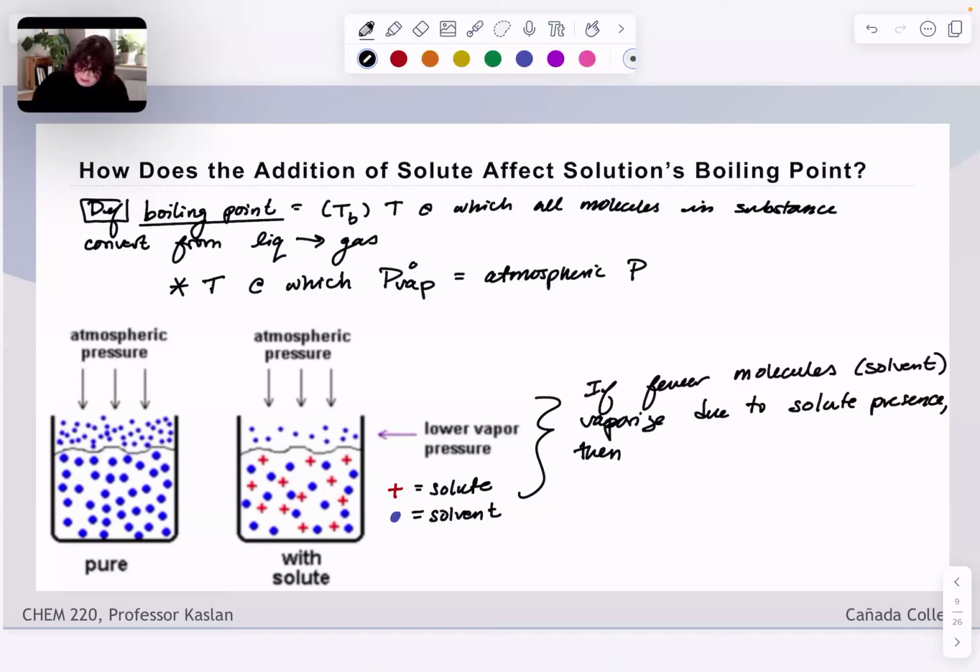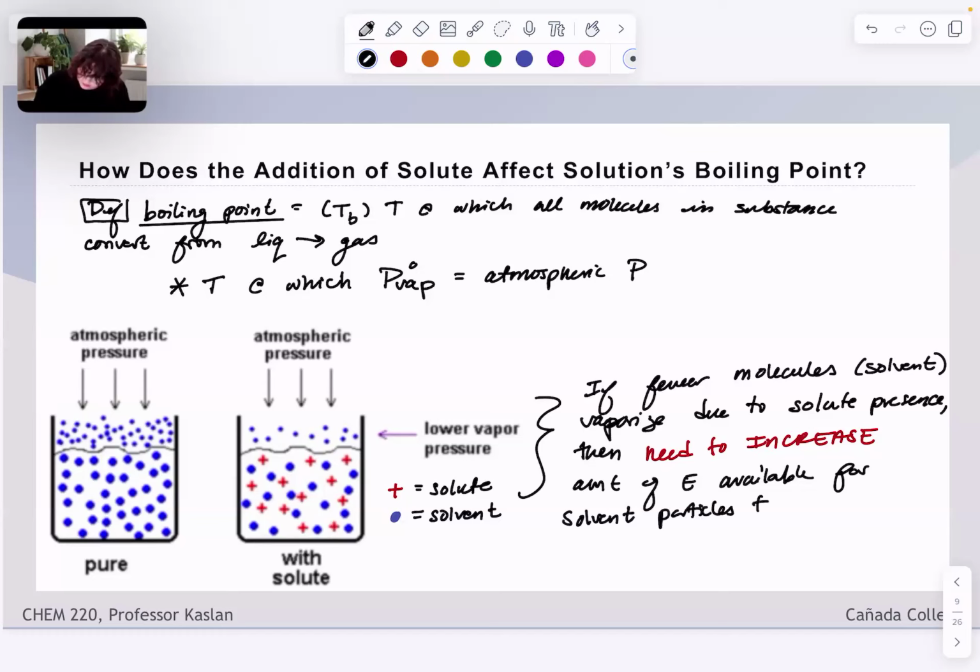Then we need to increase the amount of energy available for the solvent particles to use as kinetic energy to navigate around the solute.